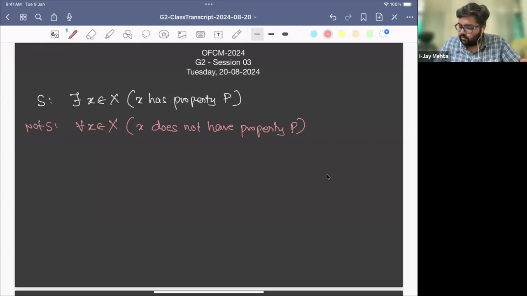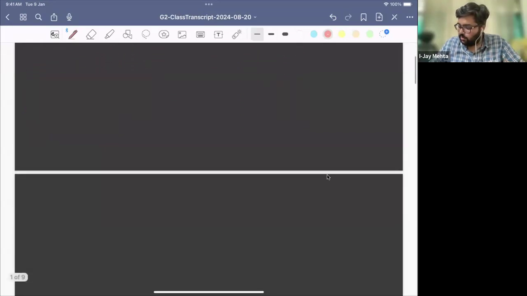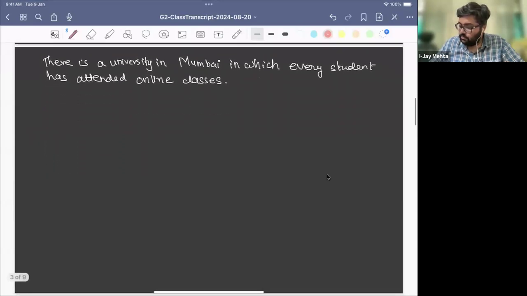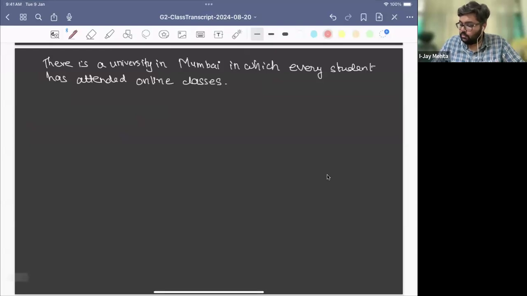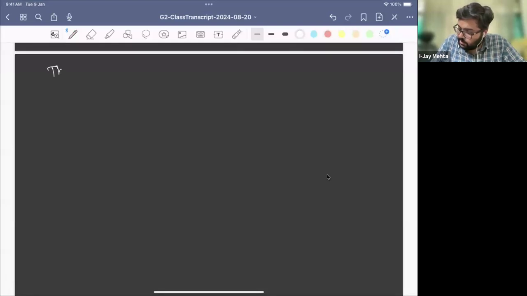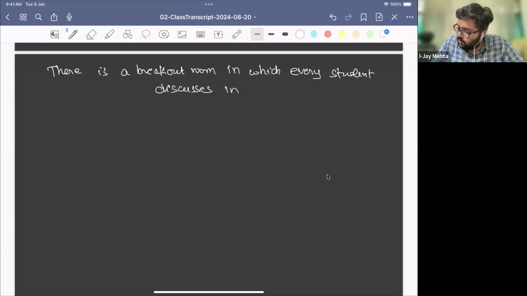Okay, so let us start with one. I will give you one, then you can give me other examples. So first, let me give you one example. There is a breakout room in which every student discusses in Hindi.